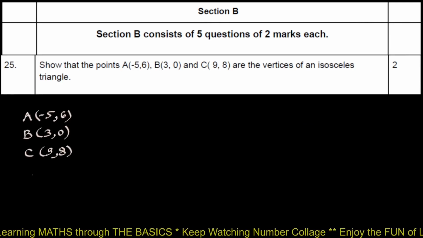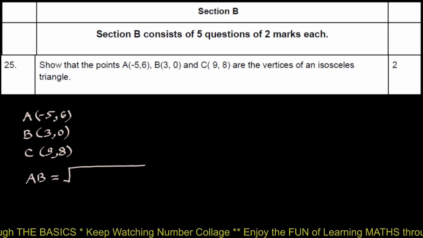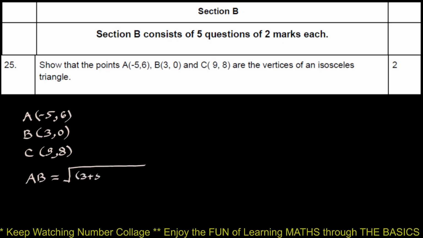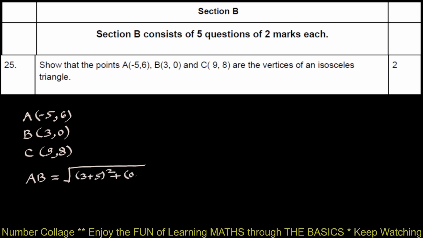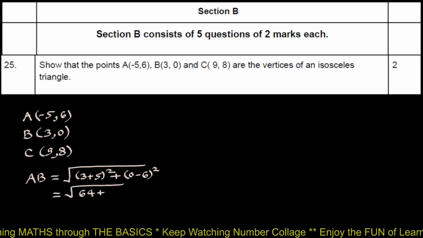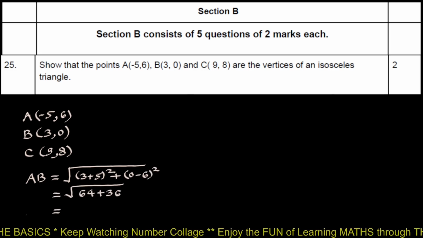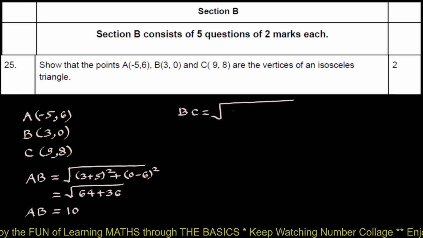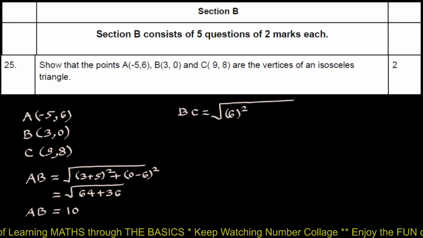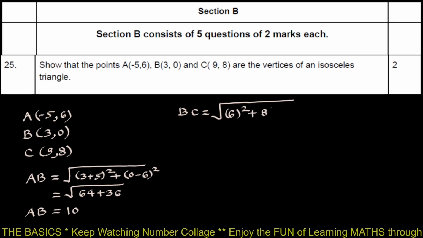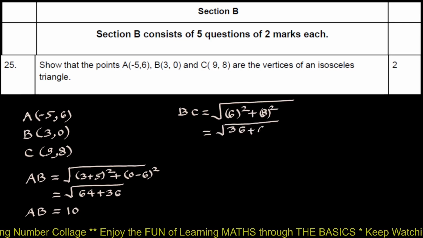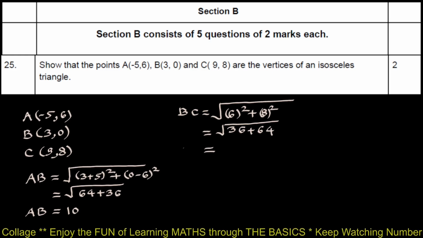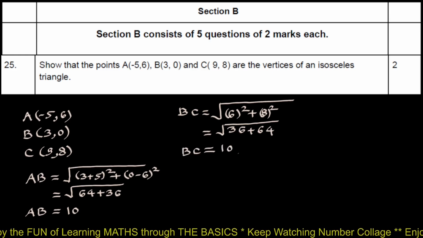By the distance formula, AB is square root of 3 plus 5 whole square plus 0 minus 6 whole square, 64 plus 36, square root of 100, which is 10. BC is square root of 9 minus 3, 6 square, plus 8 minus 0, 8 square, 36 plus 64. Square root of 100 is 10, so BC is 10.